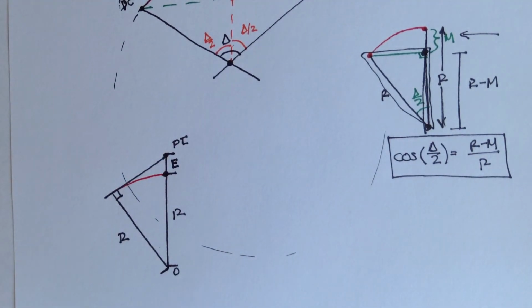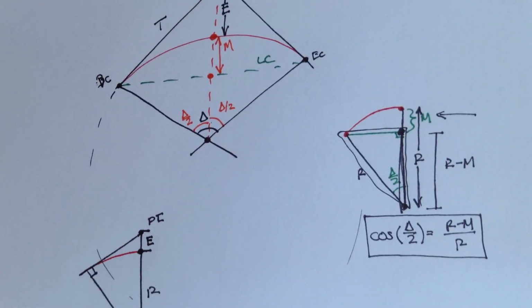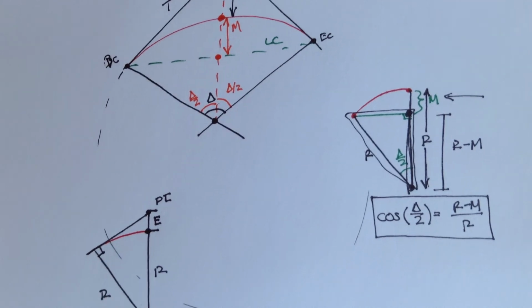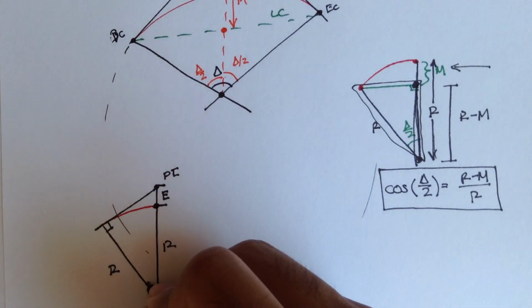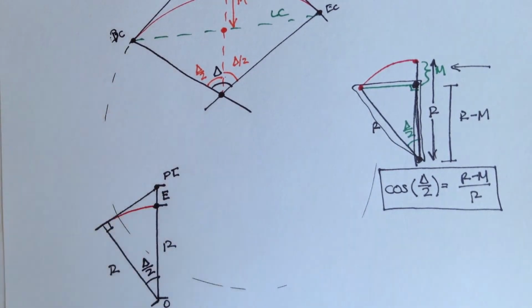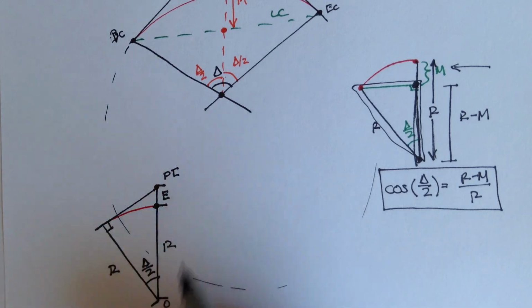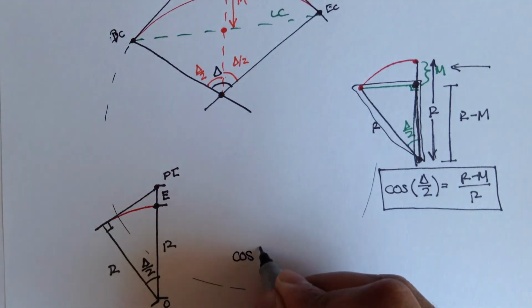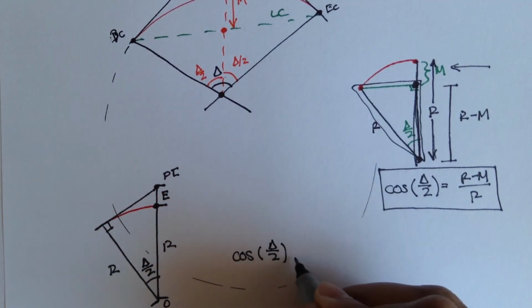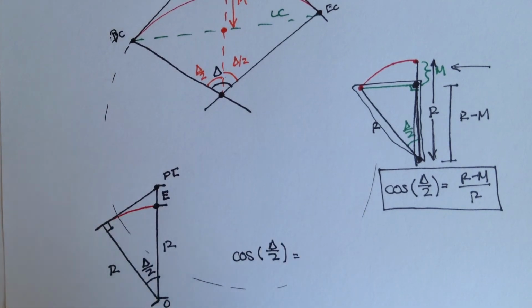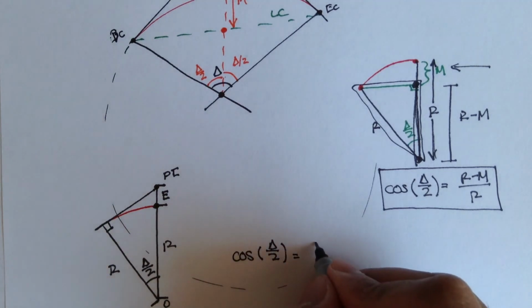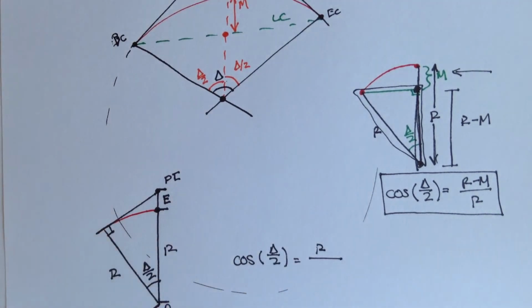So how do we figure that out? Somewhat similar to the way we figured out the formula for the middle ordinate. Here we know that this angle is delta over 2, and there's a couple different ways we can figure this out. First, we can use cosine. The cosine of this angle delta over 2 is the adjacent side, which in this case is R, over the hypotenuse.